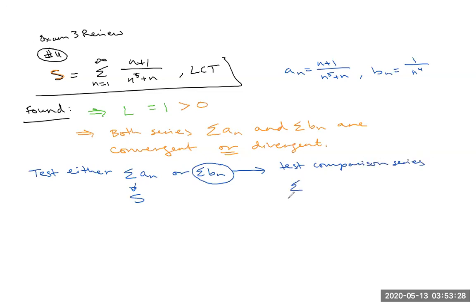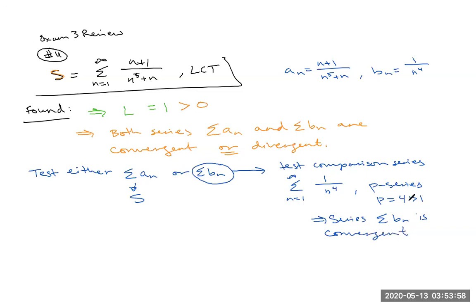So that's going to be the series n going from 1 to infinity of 1 over n to the 4th. That is a p-series. p is equal to 4, which is greater than 1, which means series B sub n is indeed convergent.